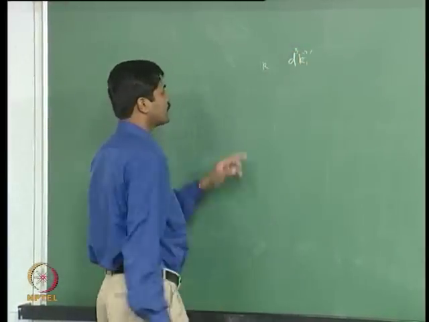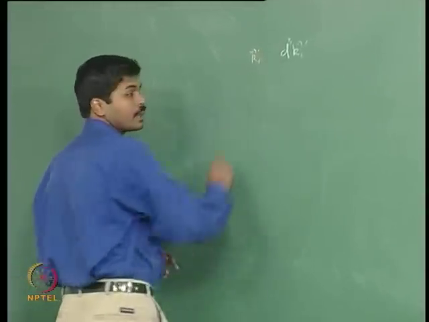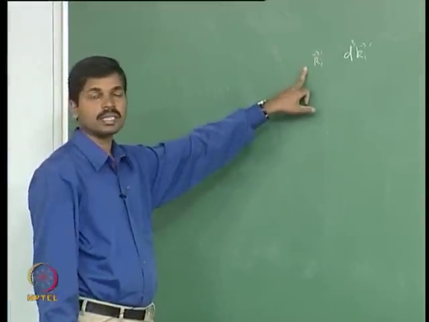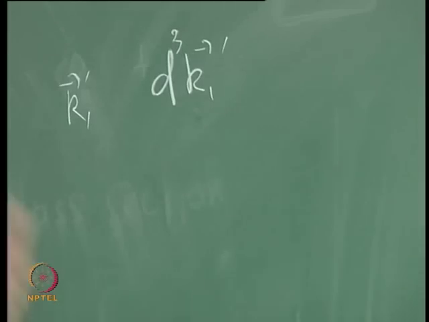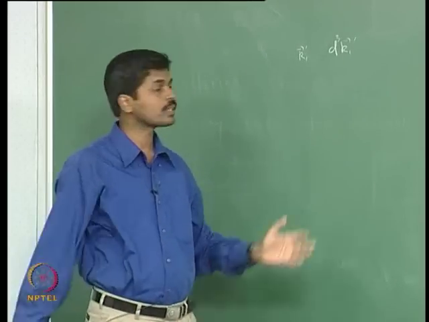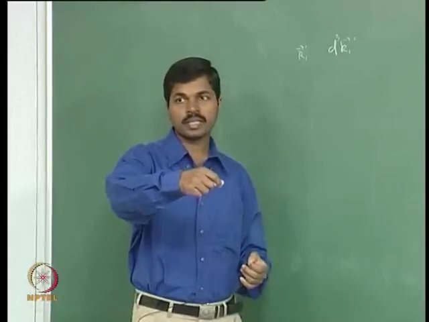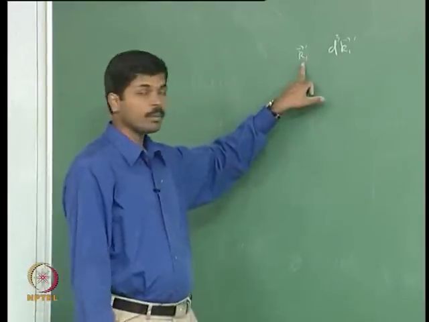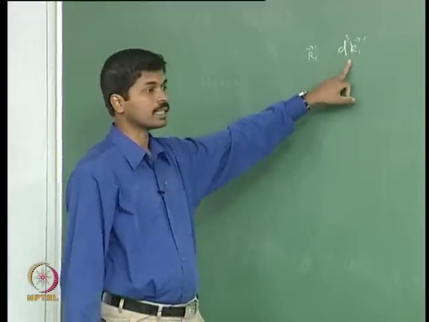So let us say 1 prime is the particle, its momentum lies in a certain range d^3k prime, because when you have the detector you can not only measure the particle type, it can also measure the momentum of this particle fairly accurately.